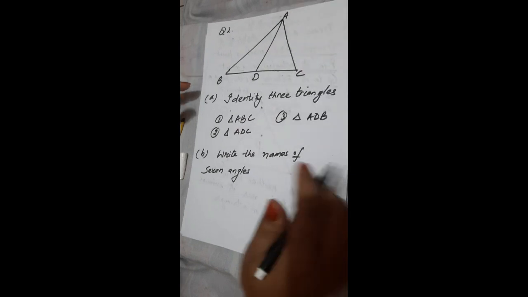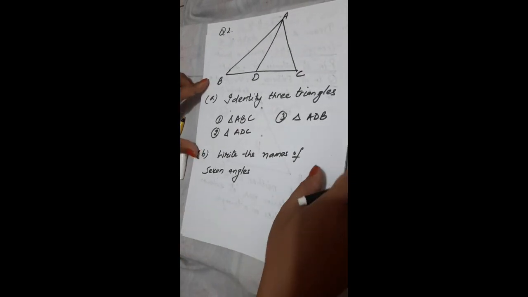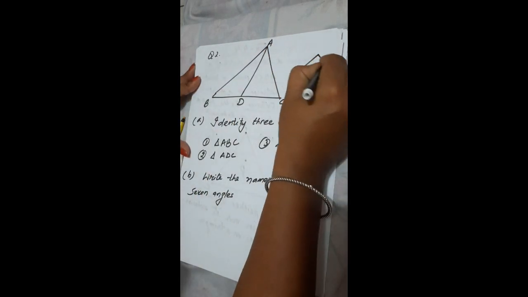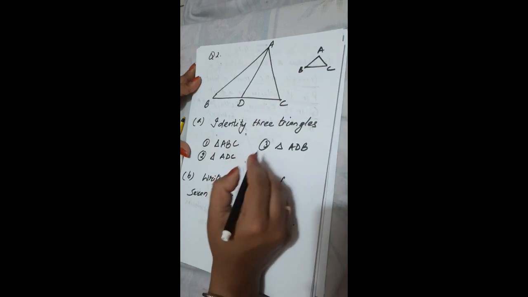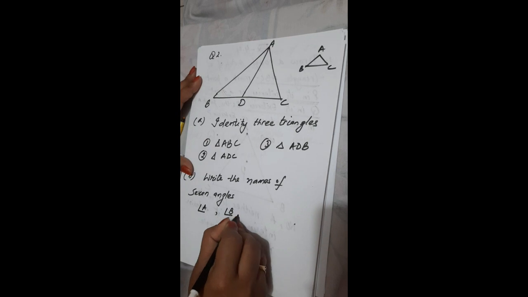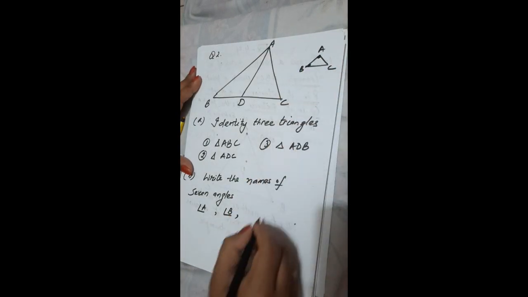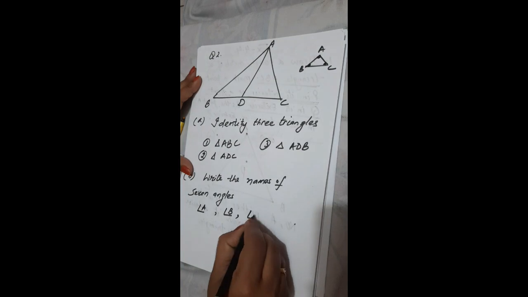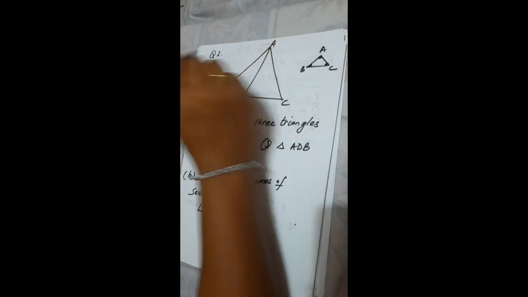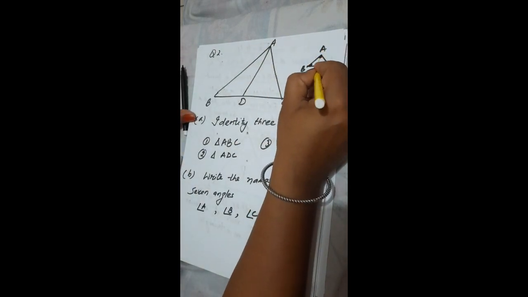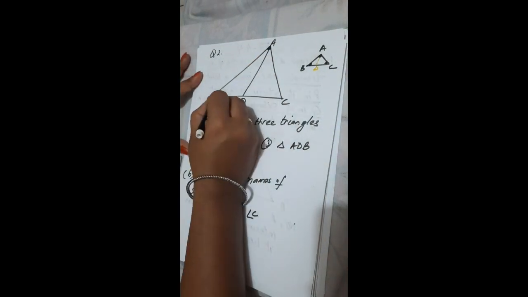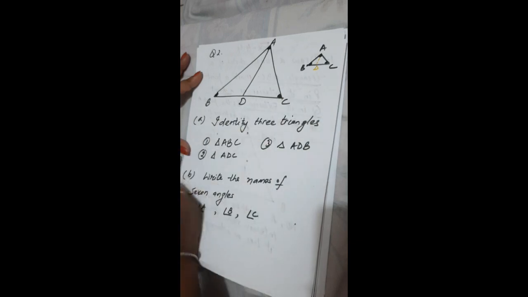Now next we have, write the names of 7 angles. Now suppose if I erase this AD, and I draw ABC, my first angle will be angle A, my second angle will be angle B, and my third angle will be angle C. If I draw AD like this, the whole A is considered, this B considered, this C considered.